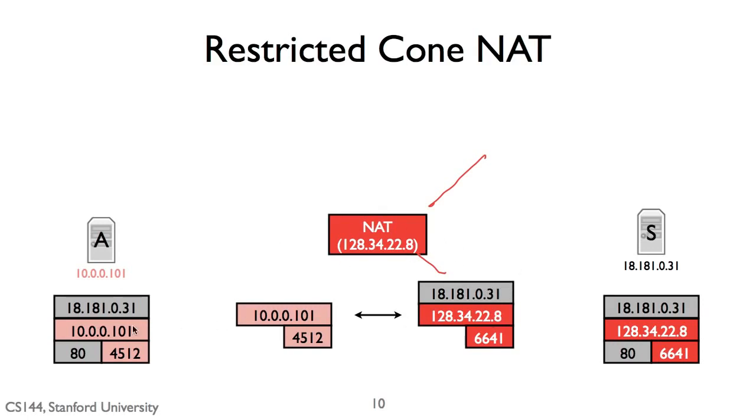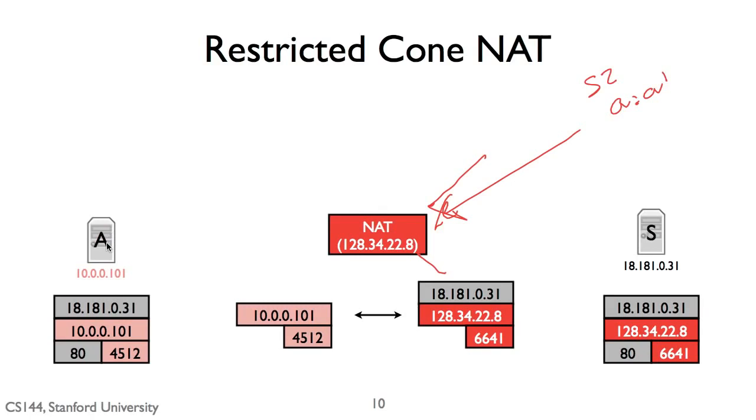So when the NAT sets up the mapping between the internal address and port pair and the external address and port pair, it includes the address of the other endpoint. So if I have S2, which tries to send a packet from address A prime, the NAT will not allow that packet to traverse. It'll either send an ICMP error or it generally will not translate that packet.